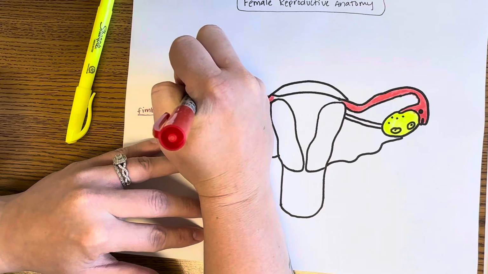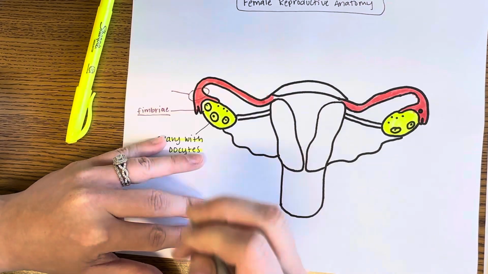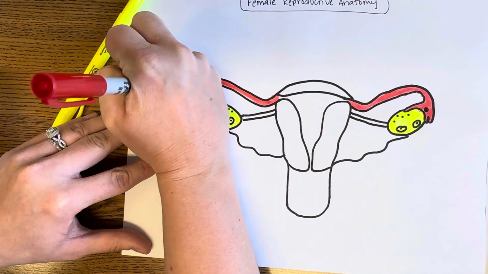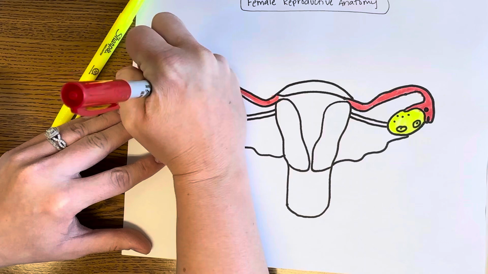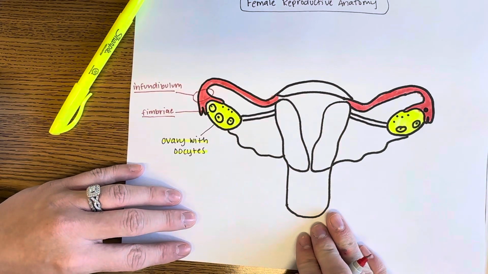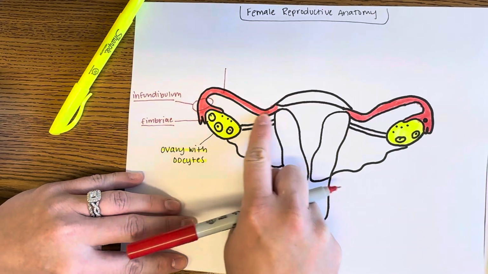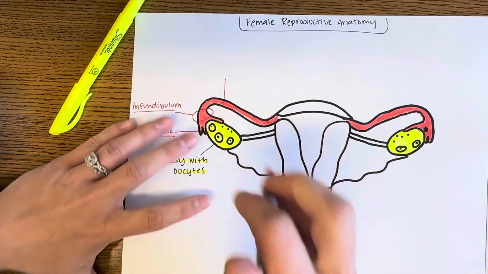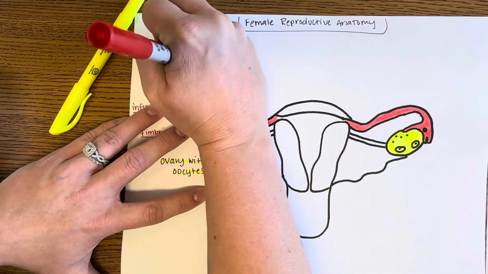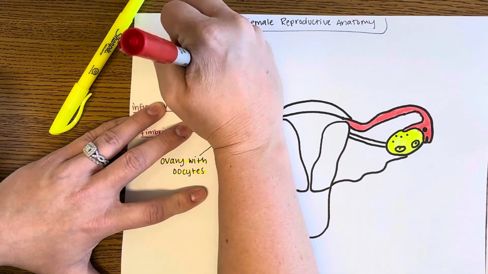So this portion right in here where the tube is just a little wider, this is called the infundibulum. And again, that's just a fancier name for the widening of the actual tube, which is all of this that we are going to call the uterine tube, also known as the fallopian tube.